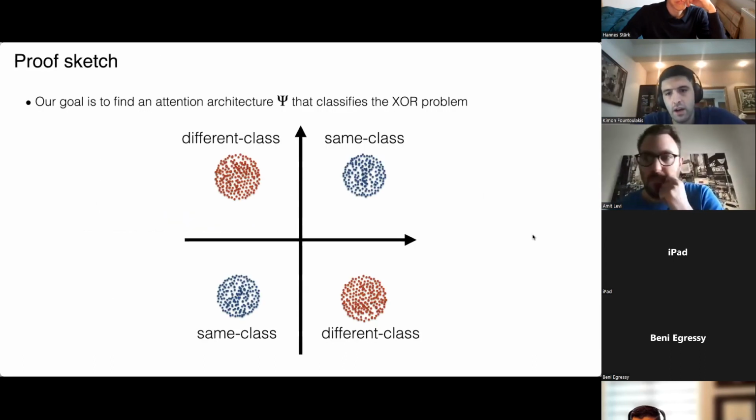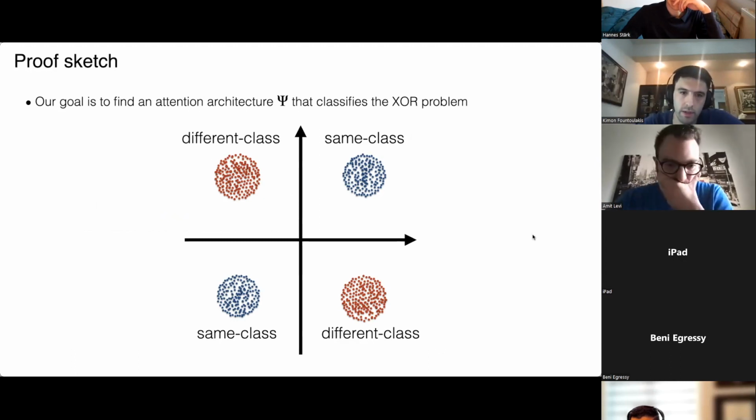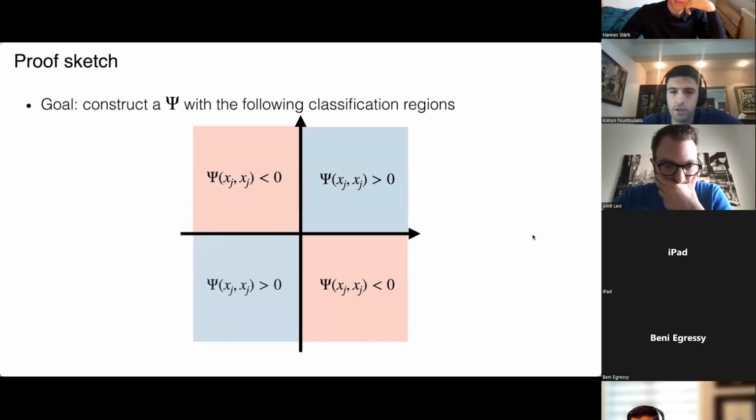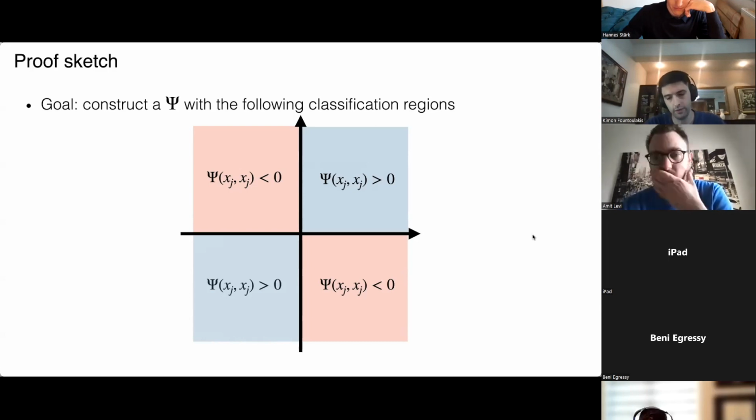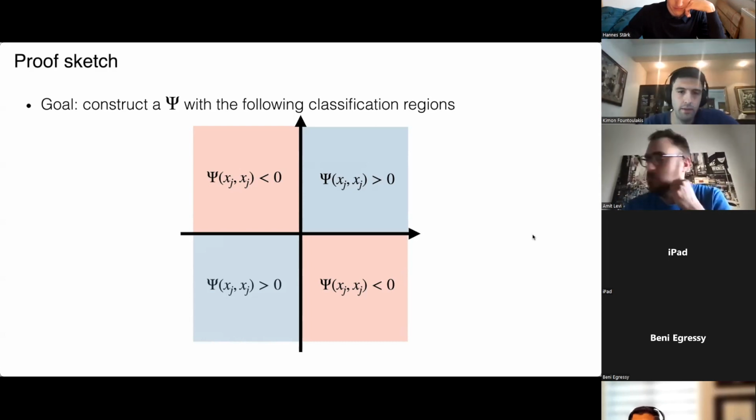Okay, so here's how we prove that. Again, our goal is to find an architecture size such that we can solve the XOR problem, meaning separating the blue from the red. We can reduce this problem to finding an architecture psi that is able to set the sign of the upper left quadrant, the upper right quadrant and the lower left quadrant to be positive, and the other quadrants have to be negative.